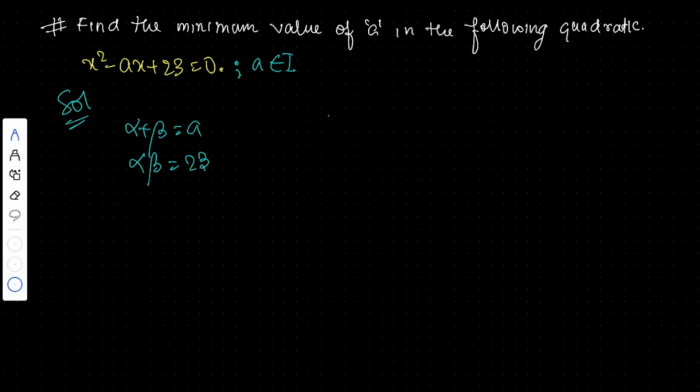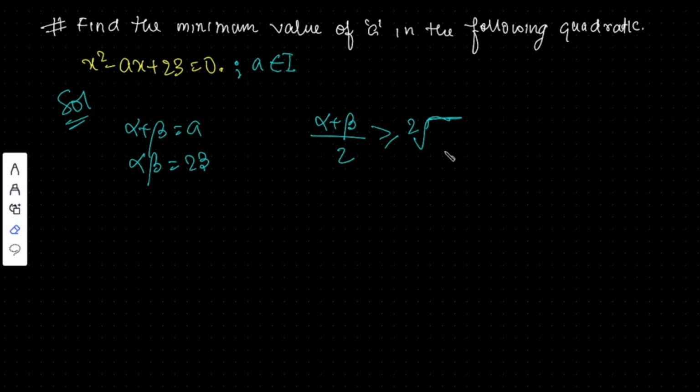AM of alpha and beta, alpha plus beta by 2, is greater than or equal to the square root of 23, since 23 is alpha into beta.